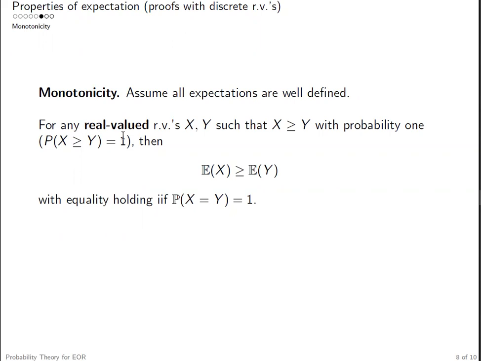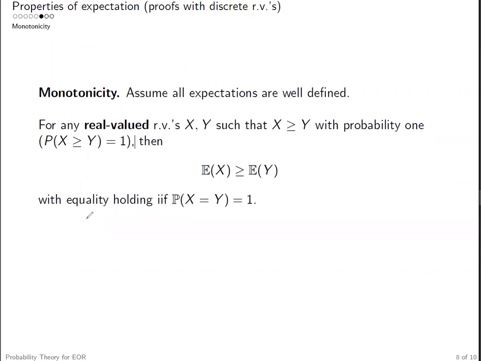So here, for any real valued random variables X, Y such that X is larger or equal to Y with probability 1, so the probability of X larger or equal to Y is equal to 1, then we will have the expected value of X larger or equal to the expected value of Y. This is a very natural and intuitive result given the expectation, right? Summarizing the average idea: if X is always larger or equal to Y, then the average should also be larger or equal to that of Y, right?